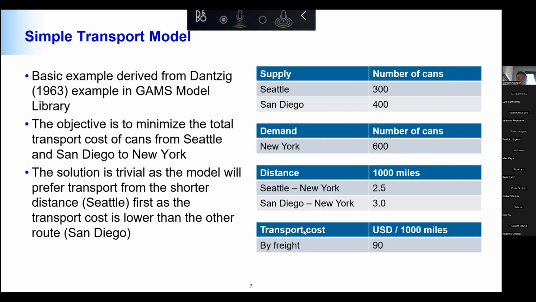And we have a transport cost of $90 per 1,000 miles. So our objective is to satisfy the demand in the New York market from supply capacity in Seattle and San Diego. And we need to minimize the total cost.